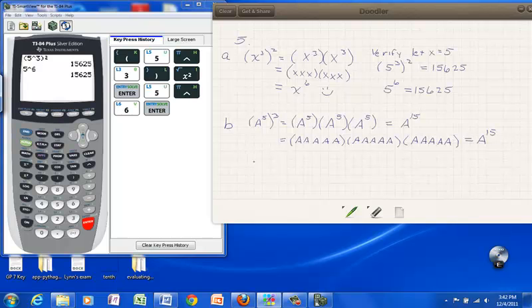So again, let's verify and let a equal 5. So is 5 to the 5th power in parentheses and raised to the 3rd power the same thing as just 5 to the 15th power?